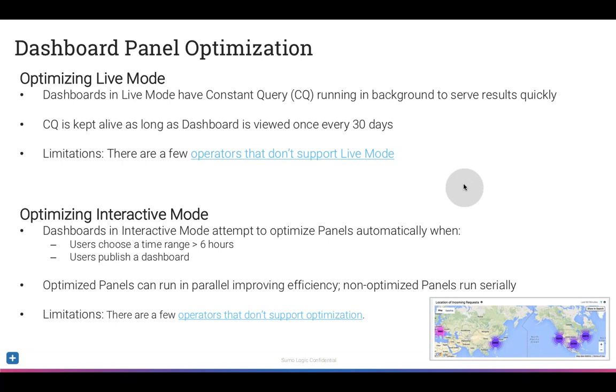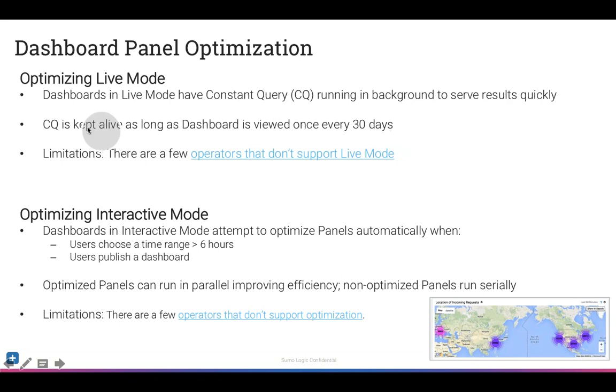From a dashboard perspective, we also try to do the same. When you're in live mode, a dashboard in live mode has what we call a constant query, or a CQ, that is running in the background. That CQ is just constant. It's essentially running live and getting that data updated, so that when you pull up that dashboard, your results are served quickly because that query is constant.